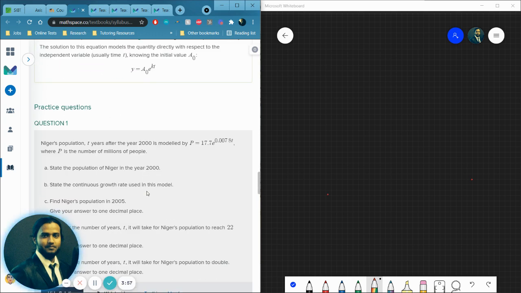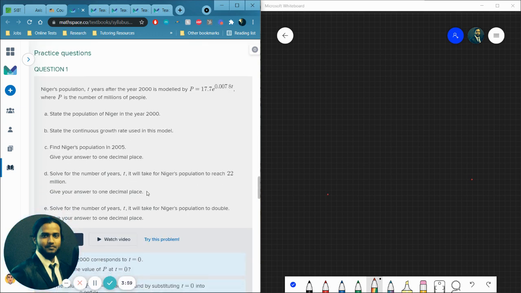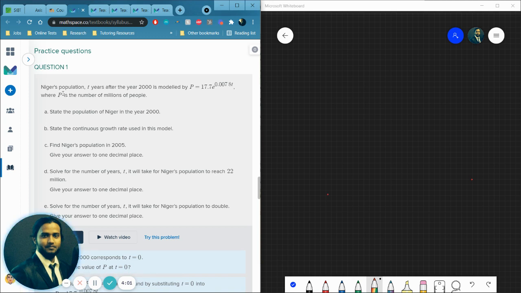Think of this problem. Niger's population t years after the year 2000 is modeled by this. So you are already given the model. As you can see straight away, we are starting the model at 2000, and the 2000 population was 17.7 million.